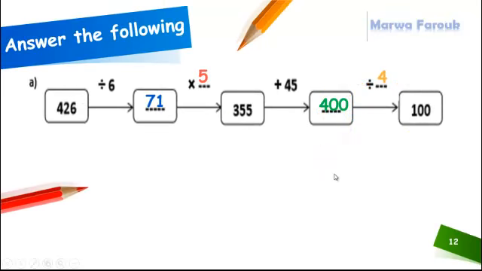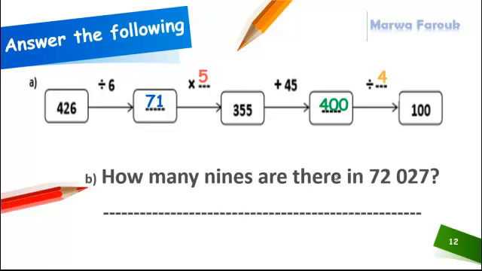Is it easy? Okay, let's take another kind of exercise: how many 9s are there in 72,027? When we are asked how many 9s in a number, we are going to make division.